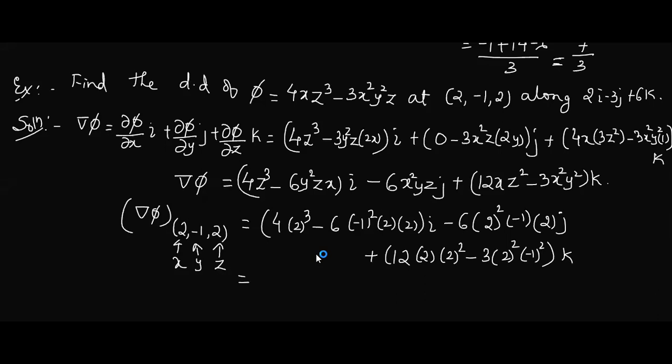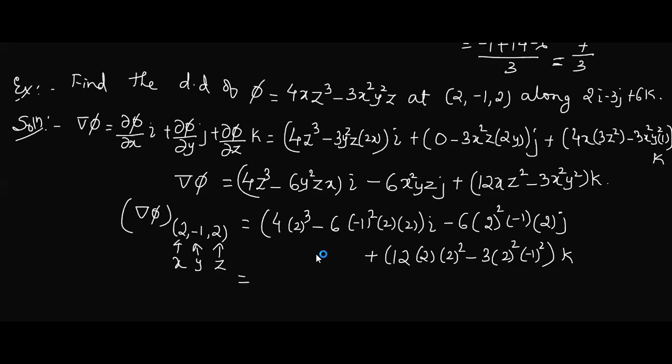Tell me del phi. 2 cube means 8. 8 fours are? 32. Minus. Have you decided not to answer? I'll not ask the question then. What is this value?